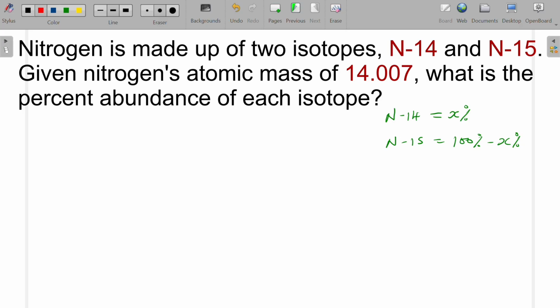Having established that, we can now go ahead and use a formula that is used to find the average atomic masses for elements. So let's do that. The formula is average atomic mass, so I'll use AMU, meaning average atomic mass unit. This is equal to the sum of, now here we have on top the percent abundance of an isotope.